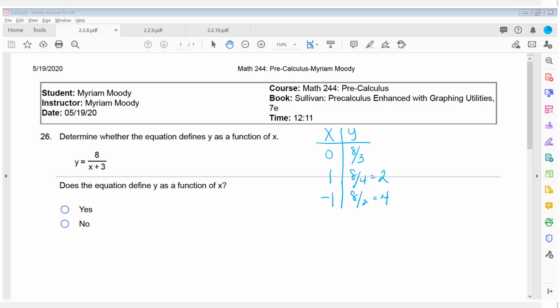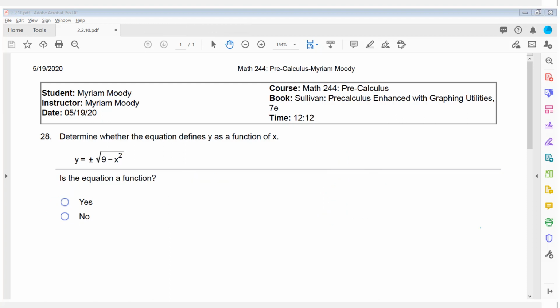I get a single answer for y. Even if I plugged in that -3, I would still get a single answer, and that answer would be undefined. Are you with me? Every time I plug in a number, I get a single answer. So yes, this definitely represents a function. Cool? Okay. Let's look at another one.